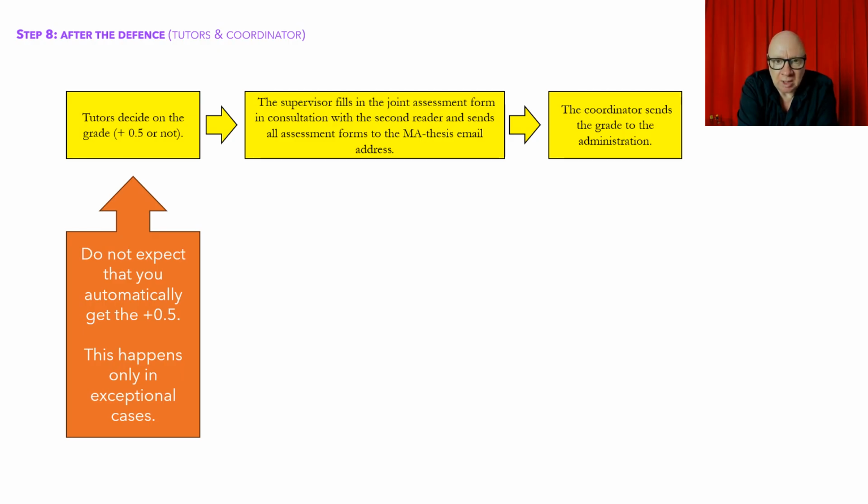So when the supervisor and the second reader, and maybe the third reader, have decided on your provisional grade, you will get this provisional grade together with this preliminary joint assessment. On the final joint assessment, there will be something about the defense as well, some assessment of the defense as well.